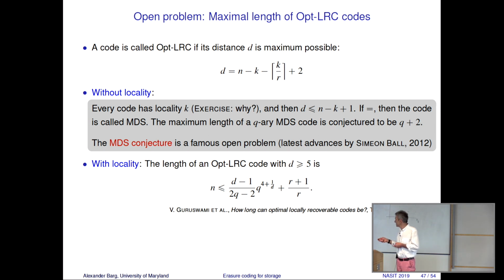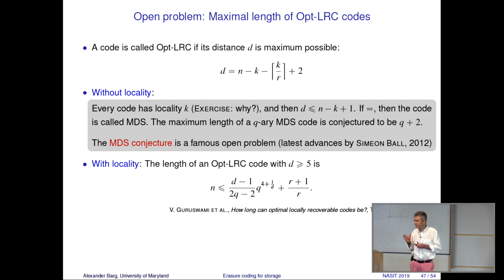With locality, this is the work by Venkat Guruswami and co-authors, which came out this year. If the distance is at least 5, then the length is at most q to the 4. This is not final. It is more of an artifact, this bound, than a definitive answer.